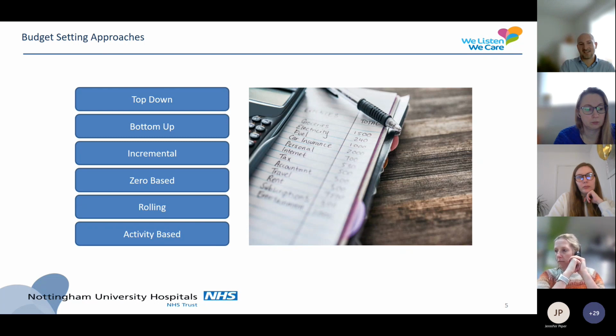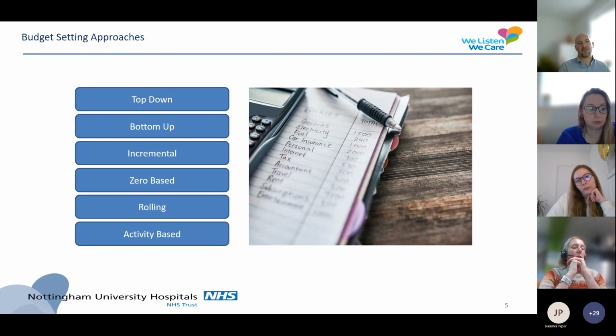A zero based is the opposite. So this is where you effectively, say you manage ophthalmology, for example, you say, right, okay, what's the level of demand for the service for this year? You've got your non-elective demand that will come through eye casualty, and you can work out the non-elective capacity that you require.